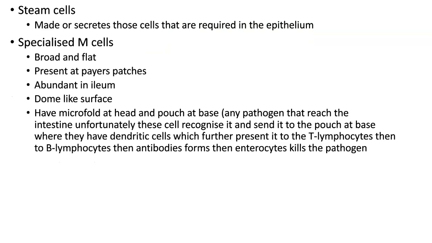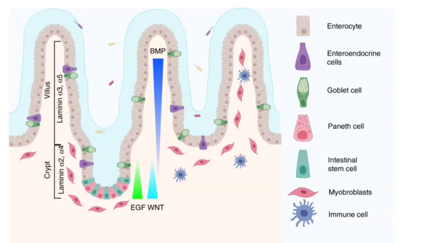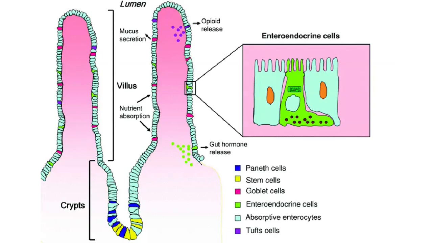When any pathogen reaches the intestine, the M cell recognizes it and sends it to the pouch at the base, where there are dendritic cells, which further present it to the T lymphocyte, then to the B lymphocyte, then antibodies form, and then the enterocytes kill the pathogen. So these are the cells found within the epithelium of the small intestine, within the mucosa, as you can see here.